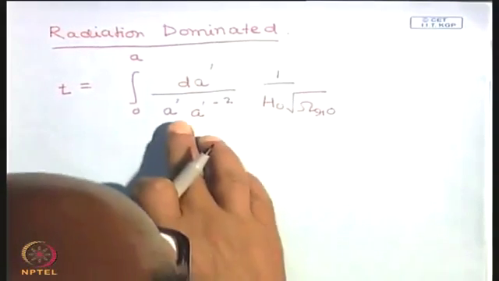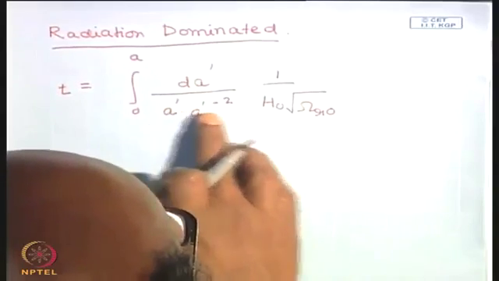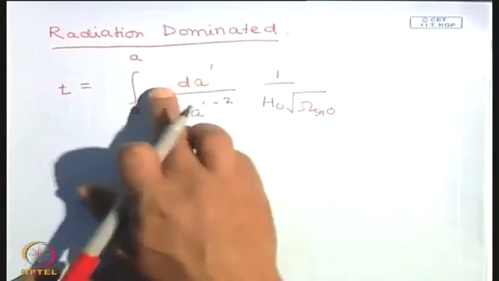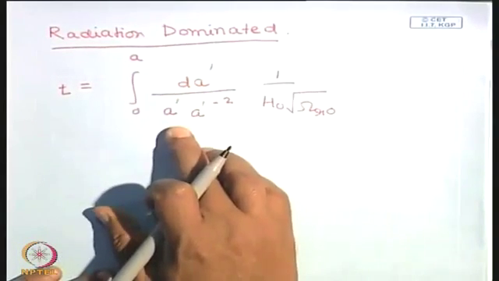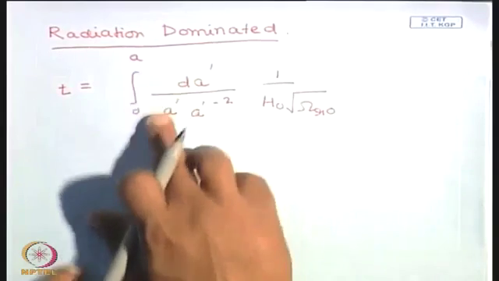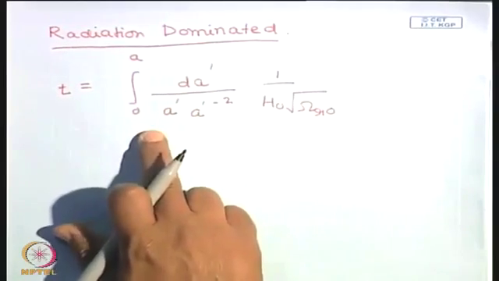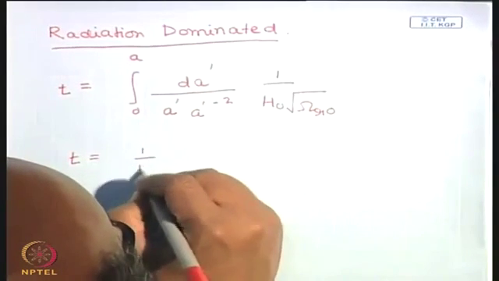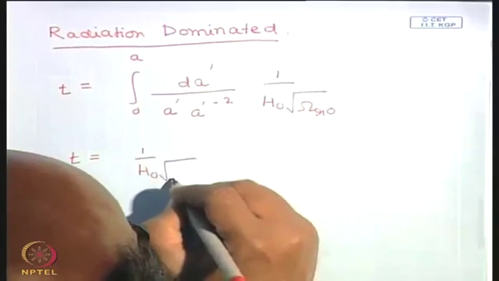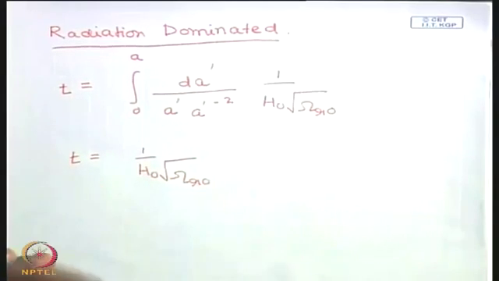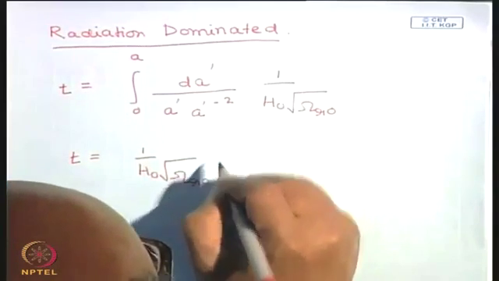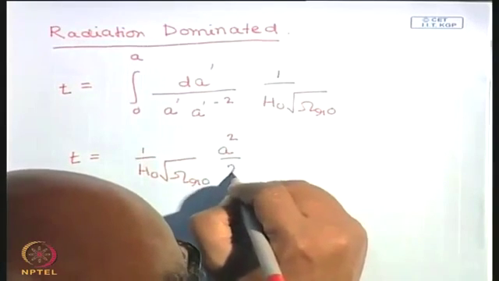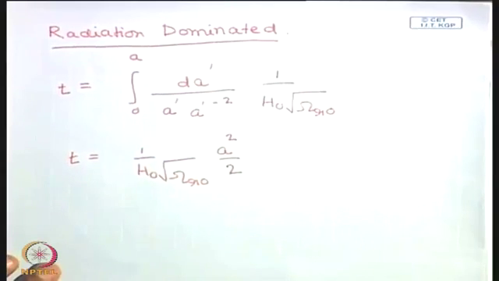If I multiply these two I will get a to the power minus 1, so a' on top. If I integrate this I will get a' squared by 2, and at the limits I will get a squared by 2. So this integral essentially gives me t, equal to 1 by H_0, that is this integral.